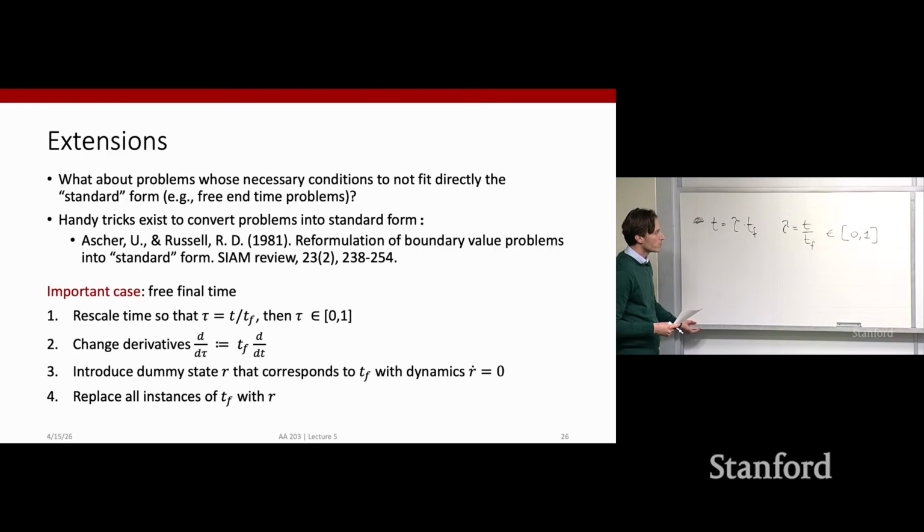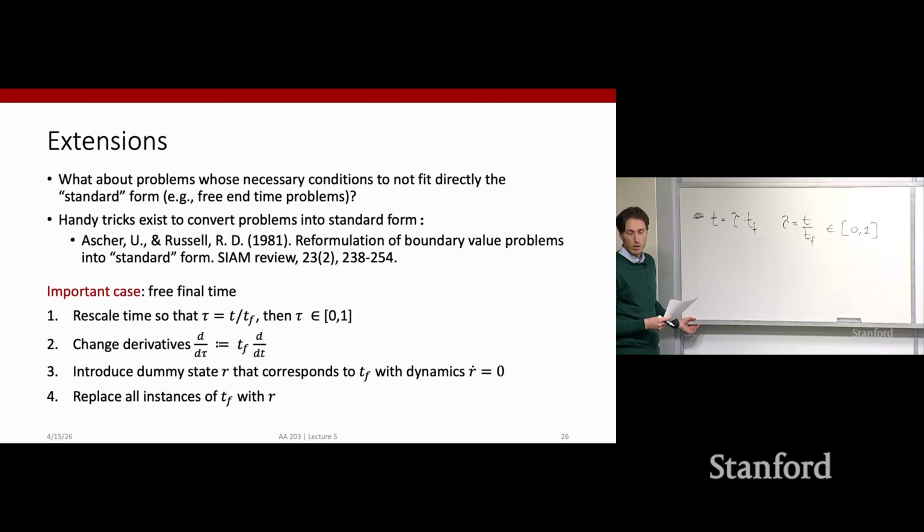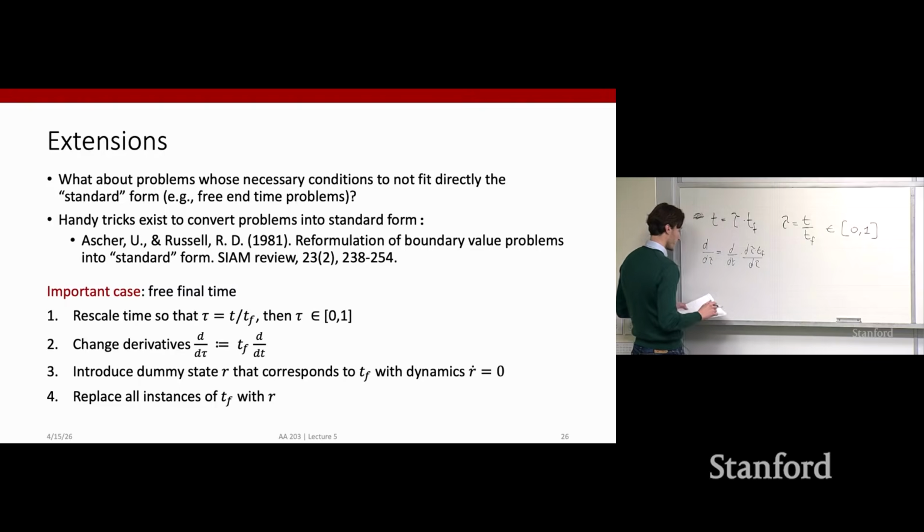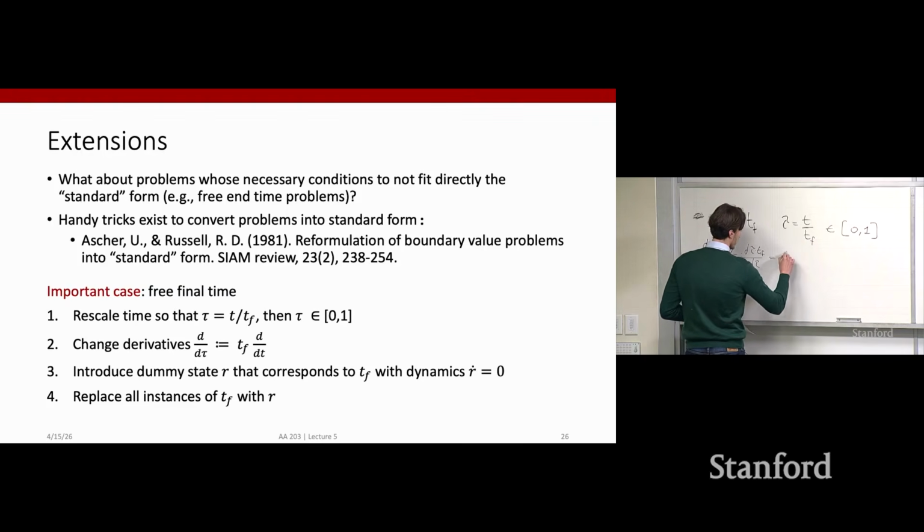Now, of course, when we do this kind of reformulation, we need to change the time derivatives. And so specifically, the derivative with respect to tau, by the chain rule, will be the derivative with respect to time times dt over d tau, which is indeed tf.